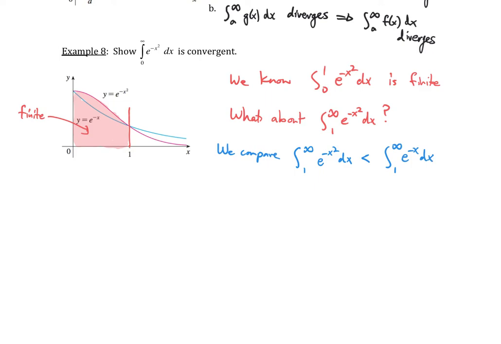This second function right here is represented by this blue curve. We can see that the area under the blue curve is going to be greater than the area under the red curve over here. So we want to basically check, does this converge?